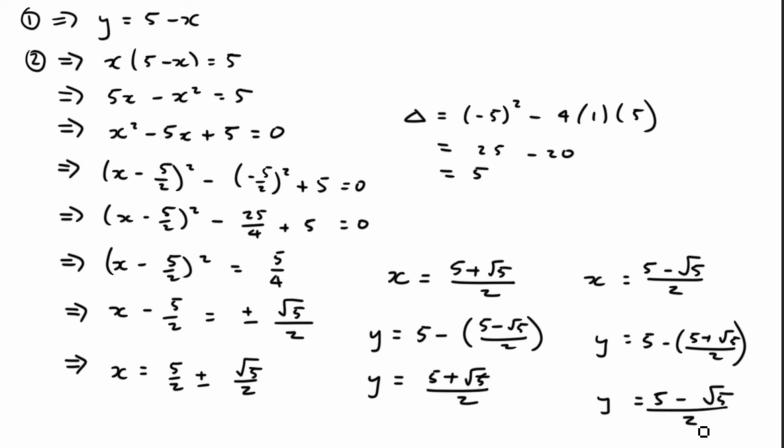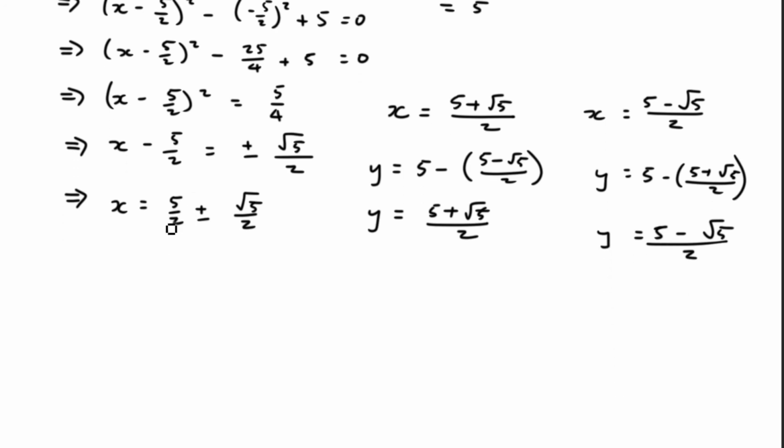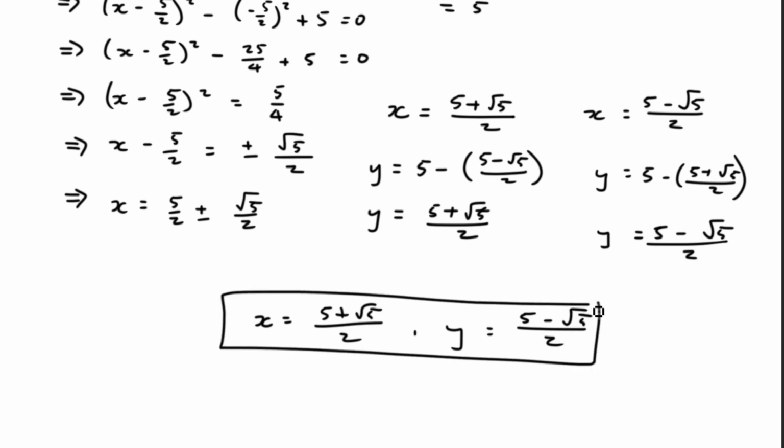I know there feels like there's an awful lot of symmetry going on here, but when you look back at the original equations we're trying to solve, that's not surprising. So our conclusion would be that either x is 5 plus root 5 over 2 and y is 5 subtract root 5 over 2, or vice versa. The x could be 5 subtract root 5 over 2, the y could be 5 plus root 5 over 2.